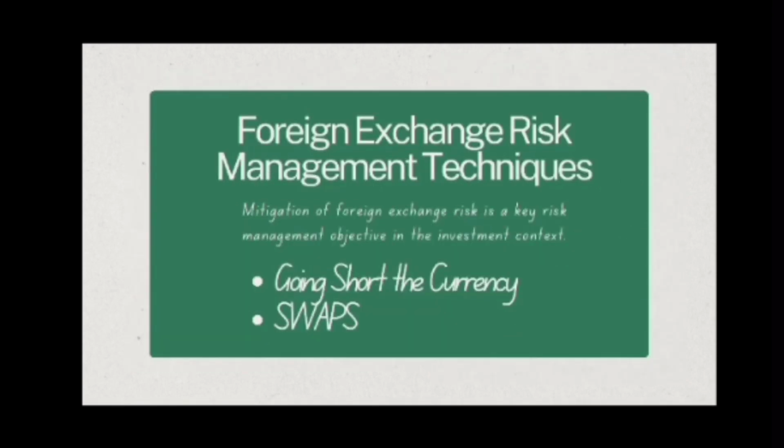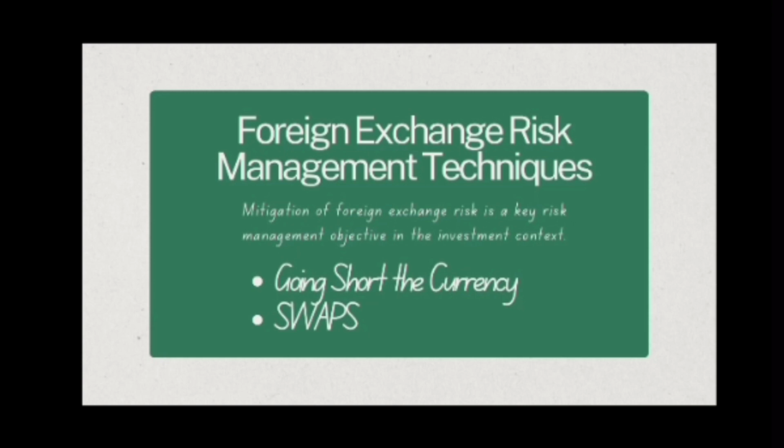Then we have the foreign exchange risk management techniques. The mitigation of foreign exchange risk is a key risk management objective in the investment context. The first one is going short the currency.